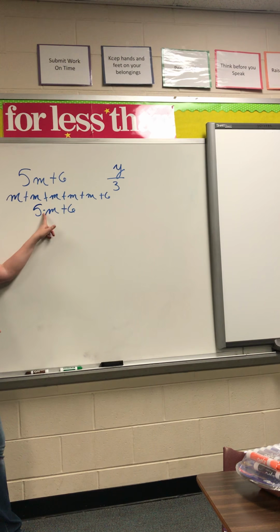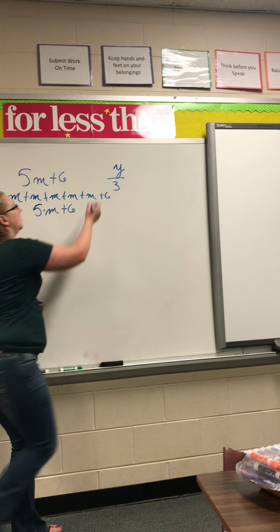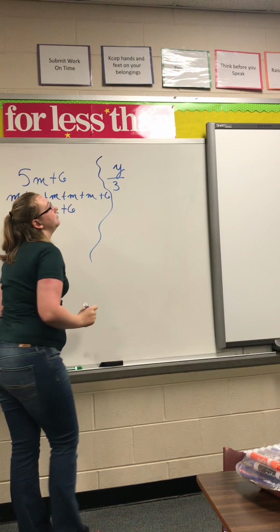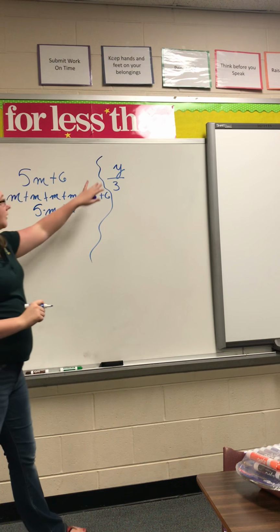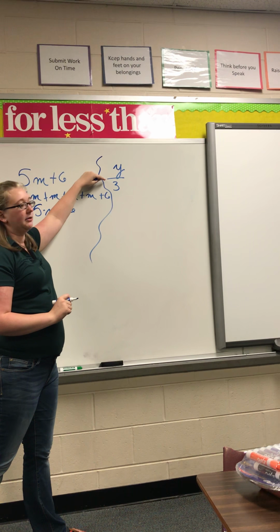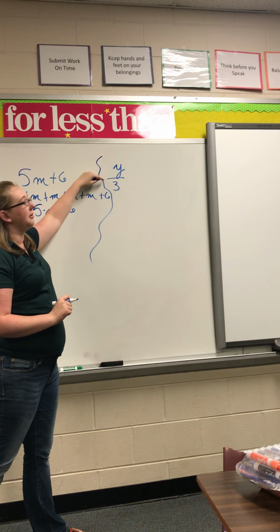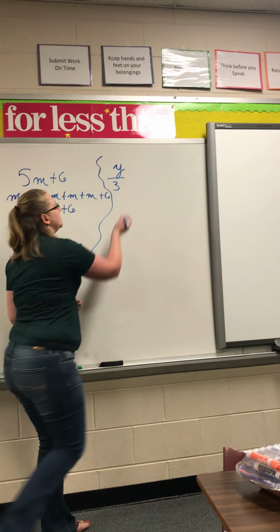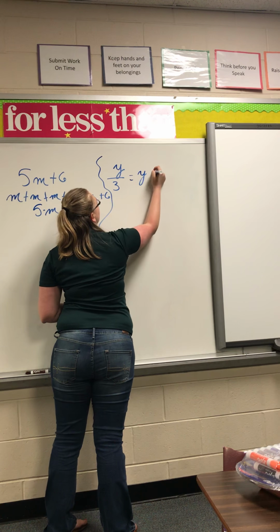But instead of writing it with the multiplication sign, or writing it all out like that, we just say 5m. Then we have y, and this lovely fraction bar, and I know we don't like fractions, but that's okay. We're going to get through it. y over 3. This is the same as saying y divided by 3.